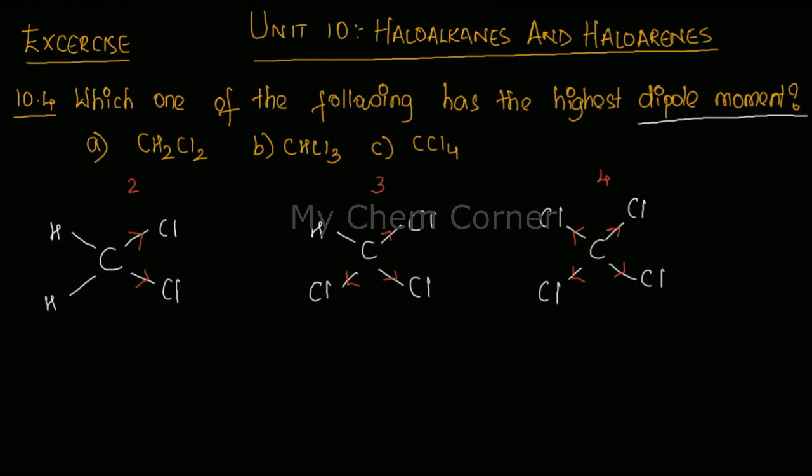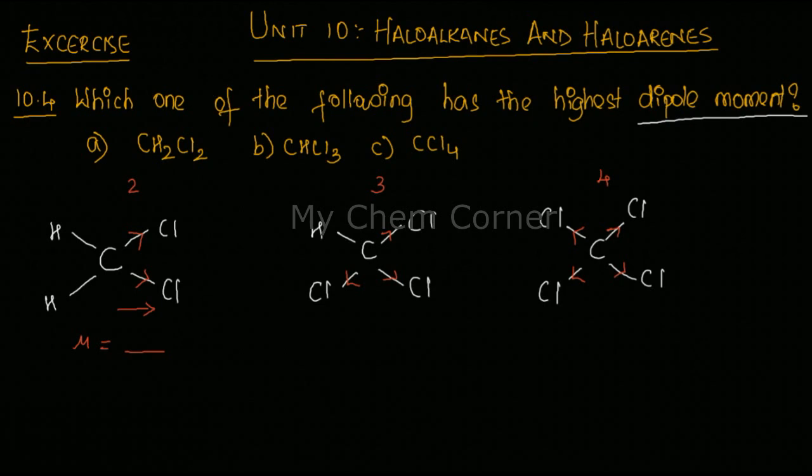Now, in this case, there is a certain value of dipole moment because electrons are flowing only in one direction towards the Cl. In the second compound, the chlorine atoms are pulling electrons in 3 different directions, right?